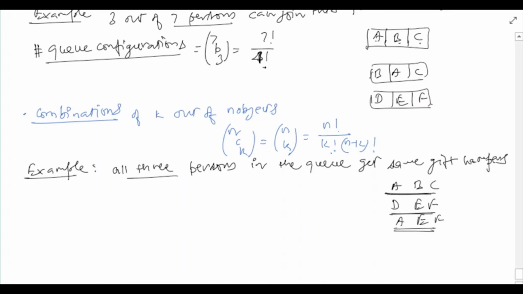So now we are interested in combinations of persons that get gift hampers. The ordering in the queue does not matter. So A, B, C and B, A, C will not be counted separately.